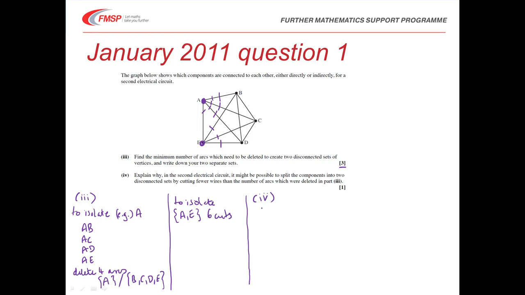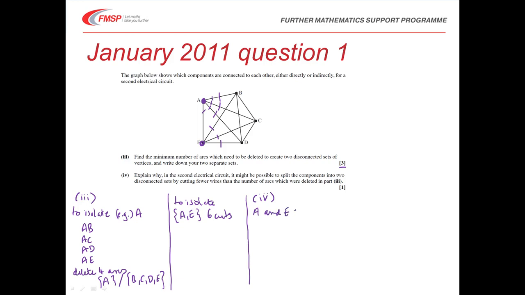Well, that's interesting, because originally there were only 2 open switches in my original diagram, and it was separated into 2 sets, AE on the left and BCD on the right, with just 2 open switches. Why was that? Well, it's because in the electrical circuit some of the connections were indirect. I'm going to try and write down something that links this part back to the first part of the question.